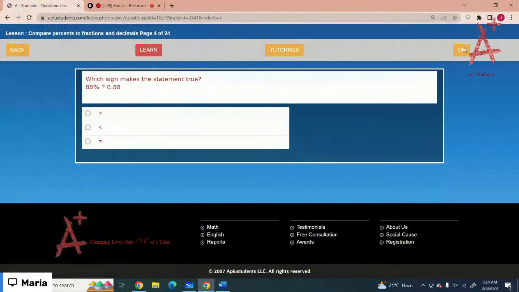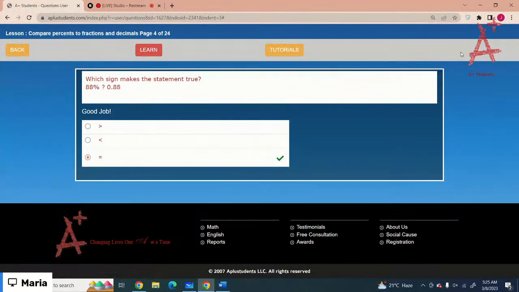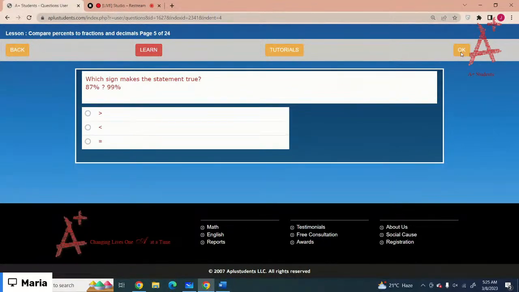Okay, the next one is 88% and 0.88. So which is the correct option? They are exactly equal. Got it? When you multiply 0.88 by 100, it makes 88% also. They are equal. Okay, 87% and 99%.